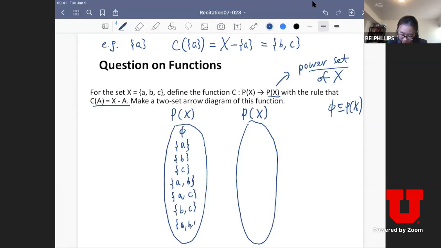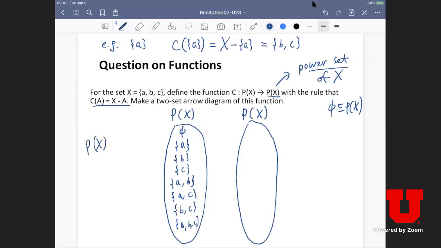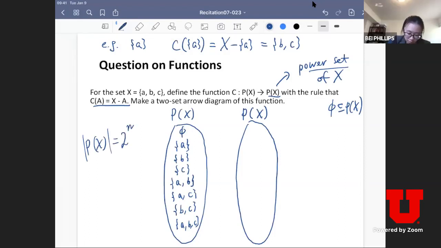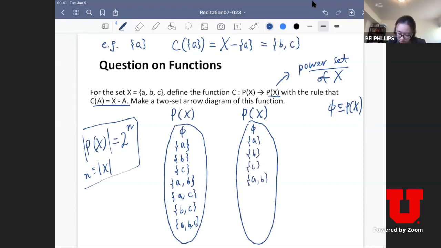Perfect. Right, remember the size of the power set is 2 to the n, where n is the size of the set, right? So as you stated here, part of the power set is the empty set, the singletons, and then every 2 elements, and every 3 elements.